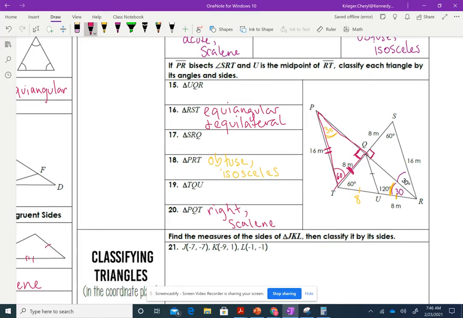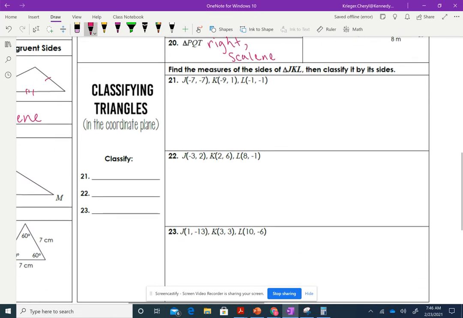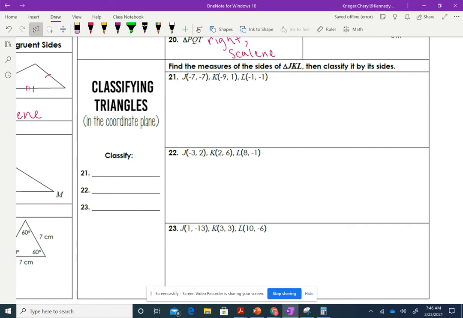Okay. And then finally, we're going to classify triangles in the coordinate plane. Honestly, on the EOC, if they ask you to do this, I would just graph it on the graph paper that they provide. However, it's important to know how to do it anyway if you don't have graph paper. So I'm going to do number 2, and we use the distance formula, which I'll write here.